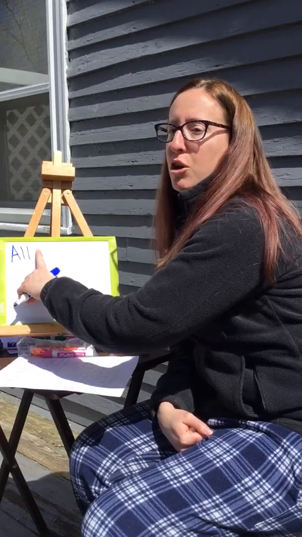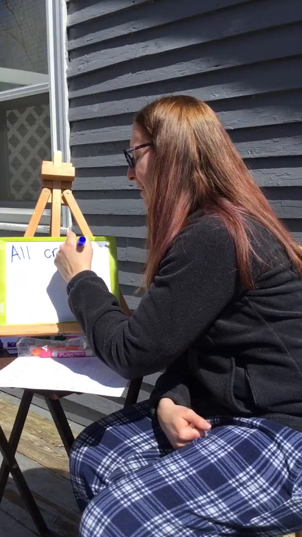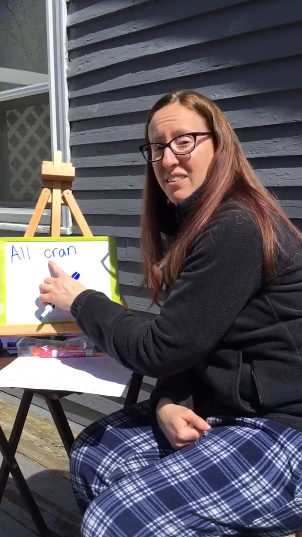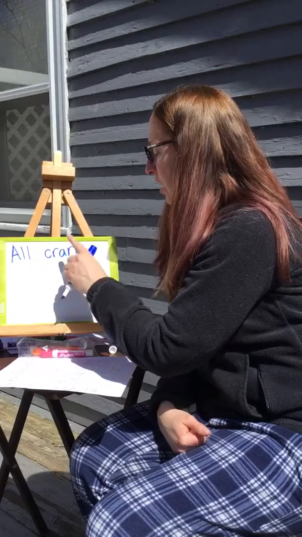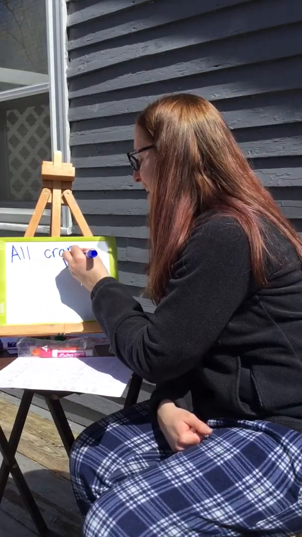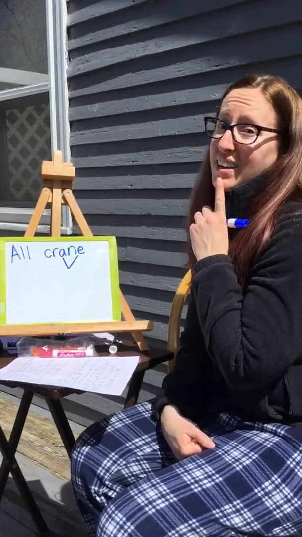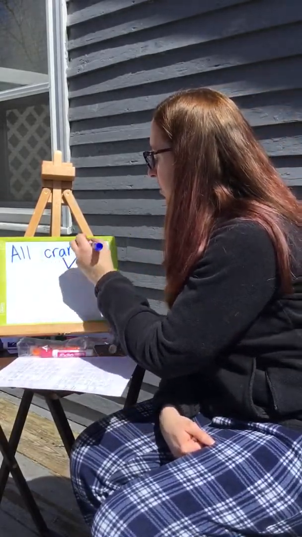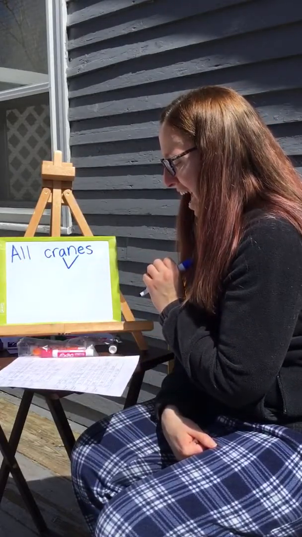So I'm going to sound out crane. I'm going to use the C for the K sound because there's an A in the word. I want A to say A, so I'm going to add the silent E. And I remember I have to add that suffix S. Crane, cranes.